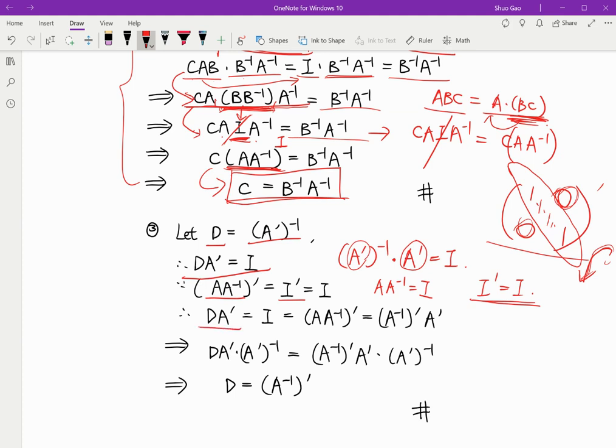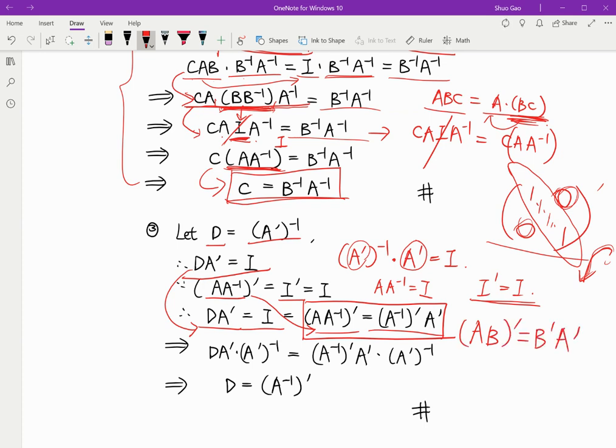So D A prime is equal to I from here. So I is equal to A times A inverse and then prime, right? So this becomes A inverse prime times A prime. This last equation comes from this formula: A times B and the transpose equals B transpose times A transpose.